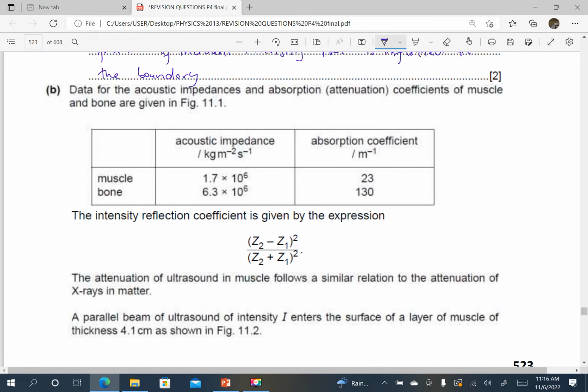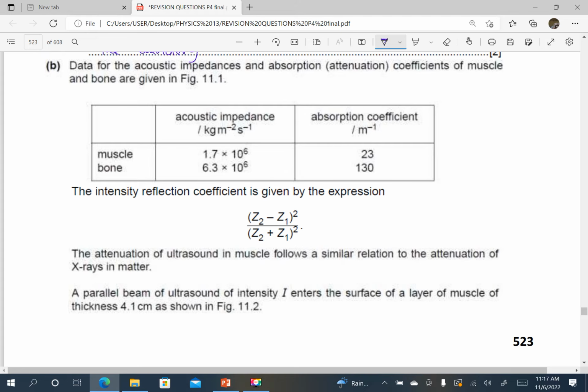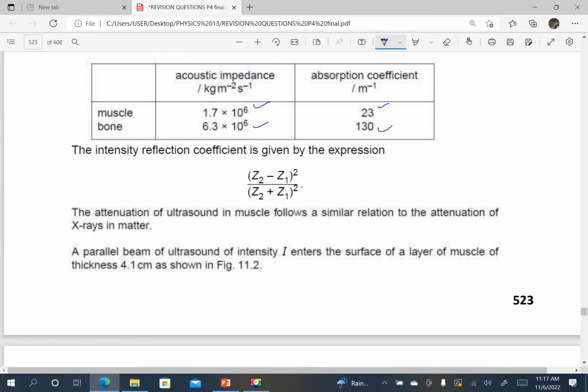Data for the acoustic impedance and absorption or attenuation coefficients of muscle and bone are given in the table. The intensity reflection coefficient is given by that expression. So they have given us acoustic impedances and the values of mu. The attenuation of ultrasound in muscle follows a similar relation to the attenuation of X-ray in matter.